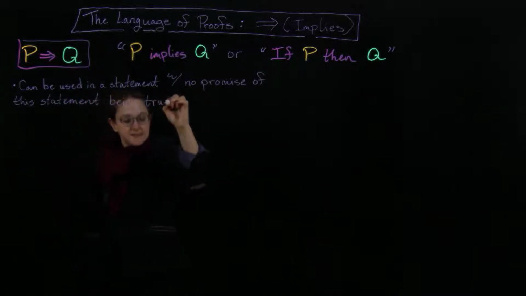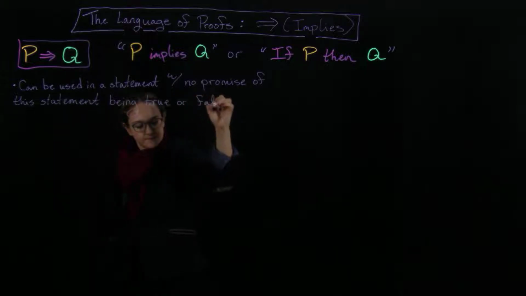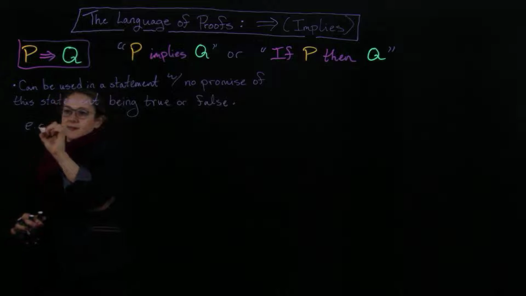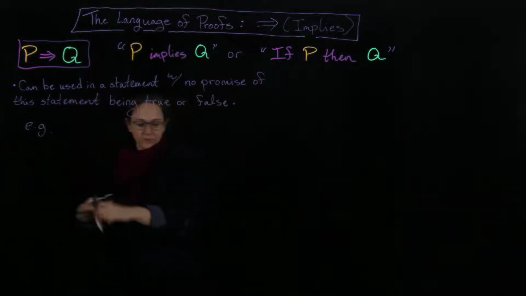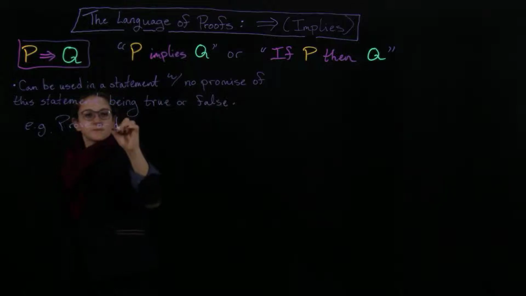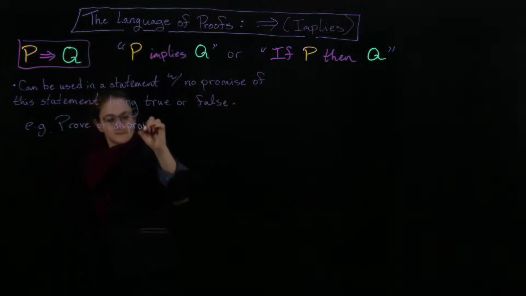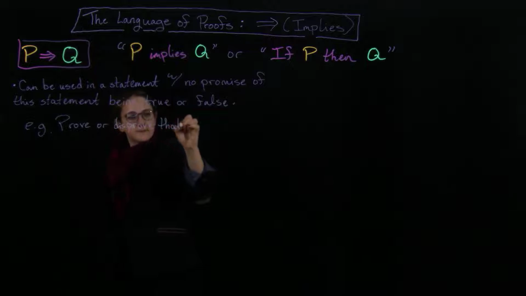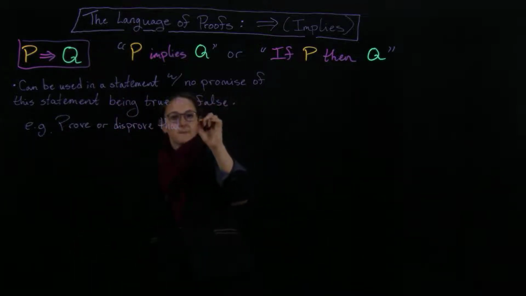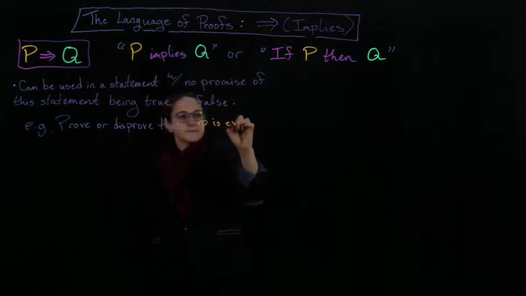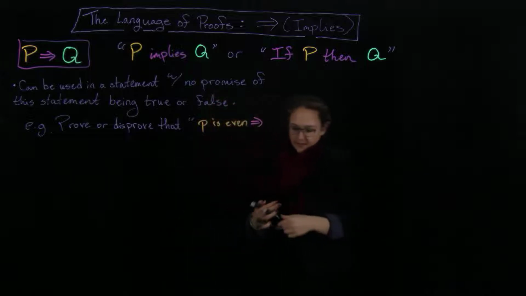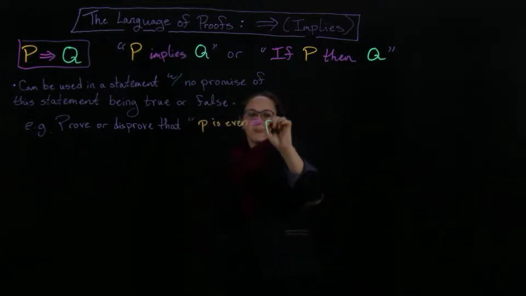Here are some examples. For example, I could write a statement like: prove or disprove that P is even implies P squared is odd.